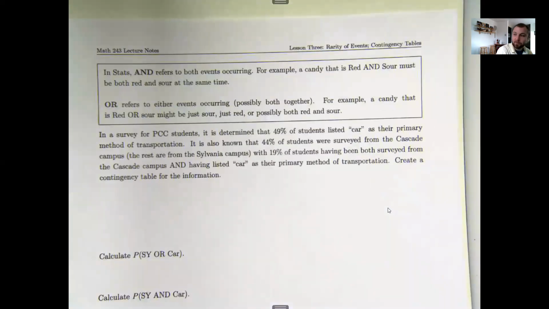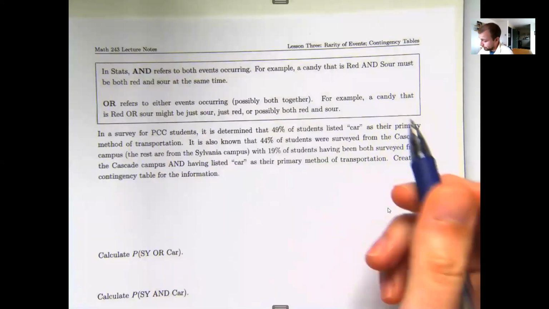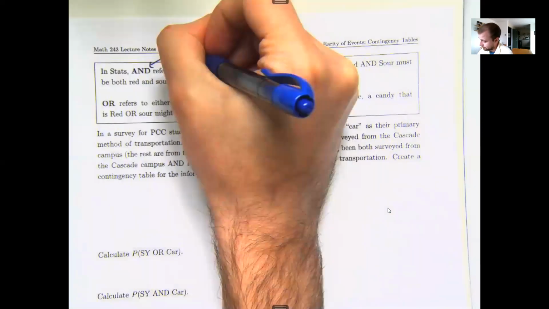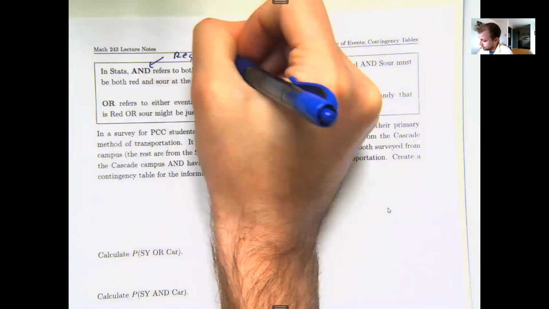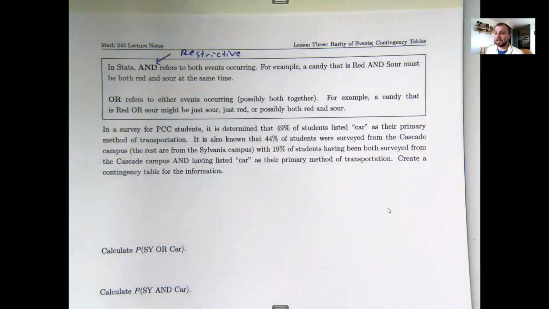Finally, just building up this toolbox to get some more language. In stats, if I say the word and, it is restrictive. So for example, if I say I want candy that's both red and sour, I want it to have both of those things. It has to be red and sour at the same time.